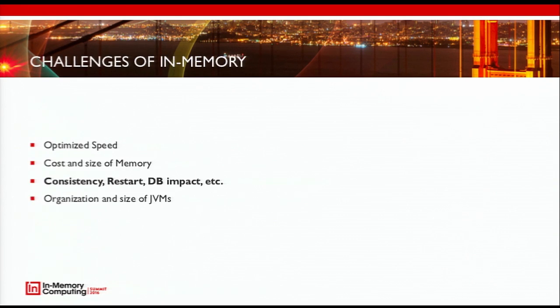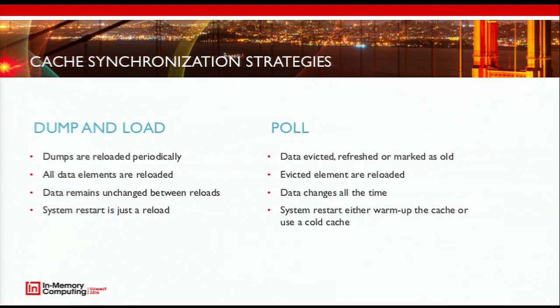Okay, so look at the consistency. And this chapter is going to be a little bit more cognitively challenging. But there are different ways of keeping your cache up to date. A very simple and good method is to use something called dump and load. You have a database, you reload everything in your memory, and data remains unchanged between reloads.